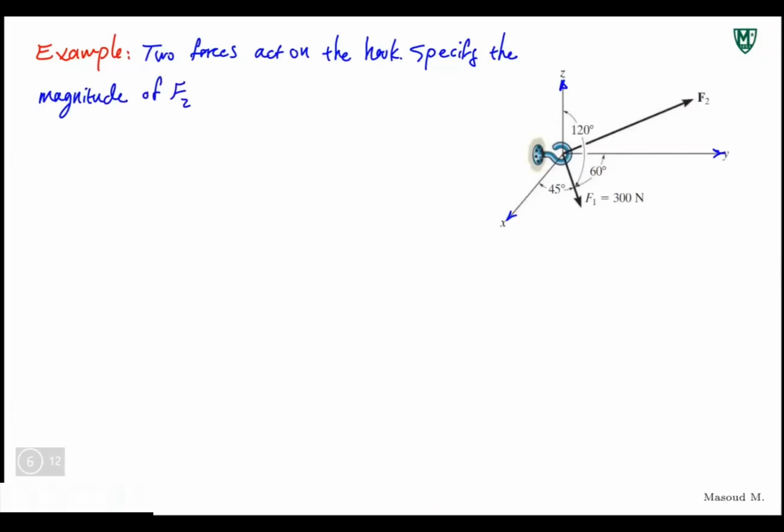So I know the magnitude of F1 and the angles it makes with the axes. So I want the magnitude of F2 and its coordinate direction, as the problem says.